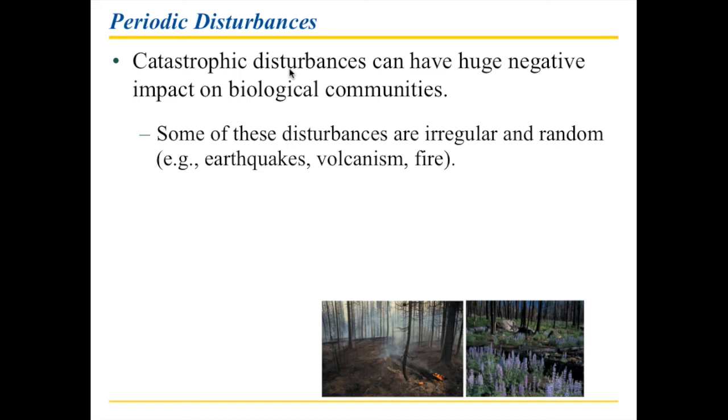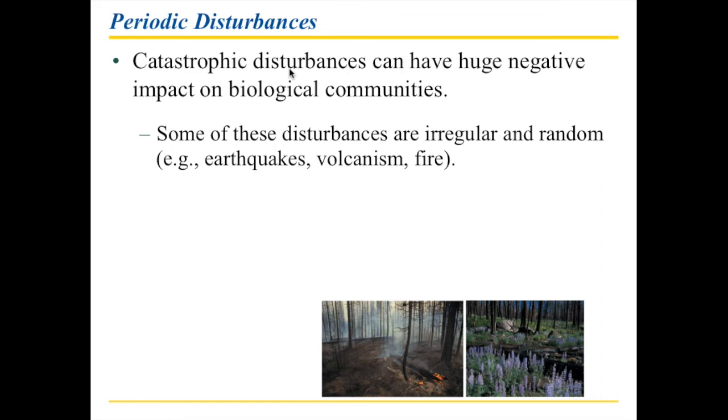Examples of these include irregular ones, irregular in the sense that they are not occurring seasonally and they don't have any real predictability. So earthquakes, there's a little bit of predictability, of course, based on where exactly on the planet you are, but there is really no guarantee how big of an earthquake or when it occurs.